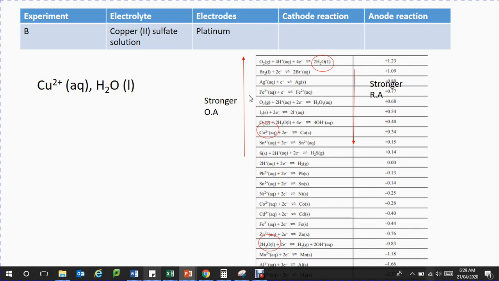Now, if we remember from our electrochemical series, as we go up, they become stronger oxidizing agents, so more likely to undergo reduction. As we go down, they become stronger reducing agents, so more likely to undergo oxidation.